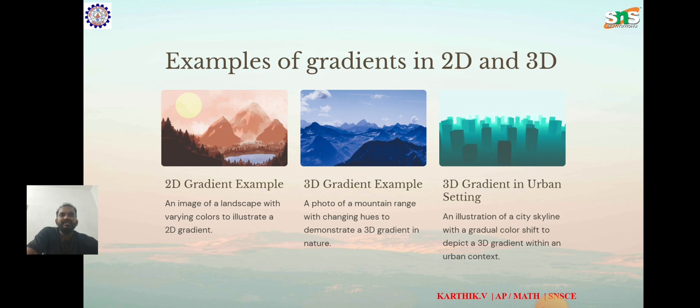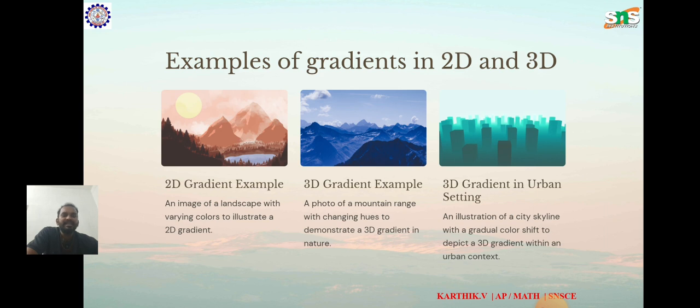Then the gradient is del f equal to 2x comma 2y. This means that at any point x, y in the plane, the gradient vector points in the direction of the steepest increase of f, and its magnitude represents the rate of change of f in that direction.